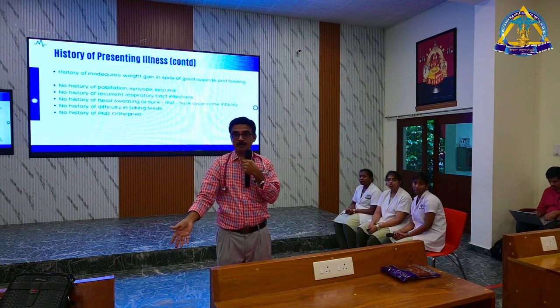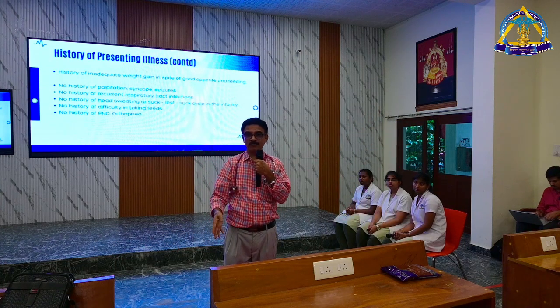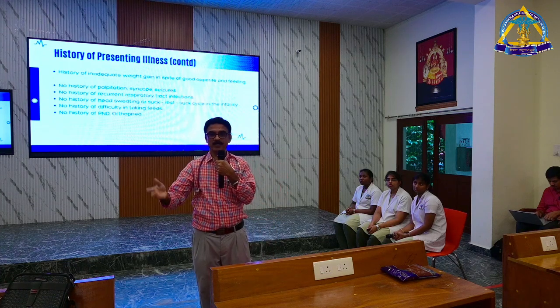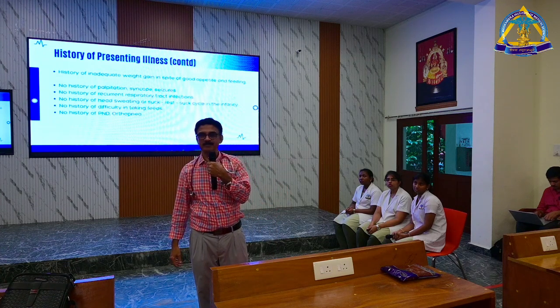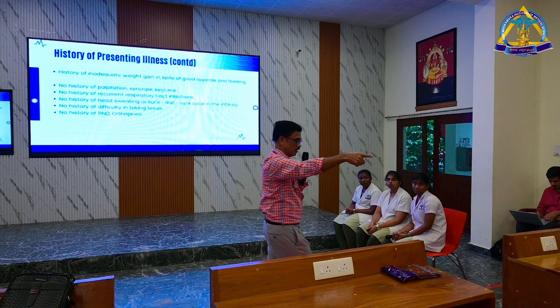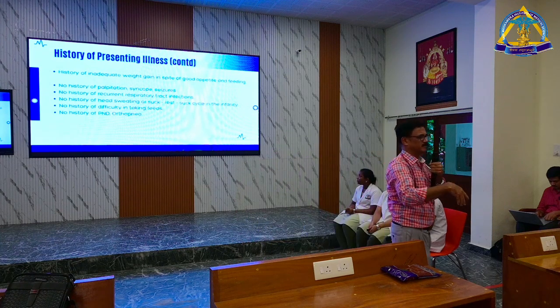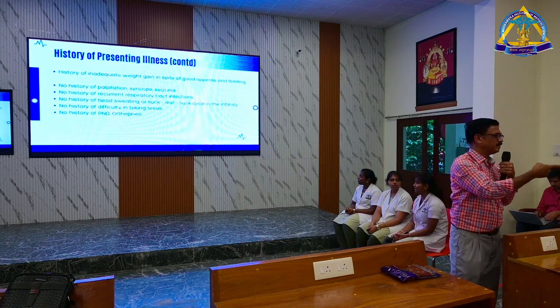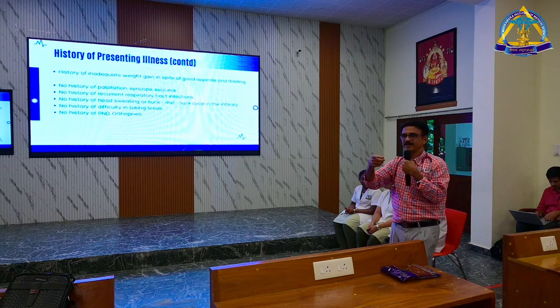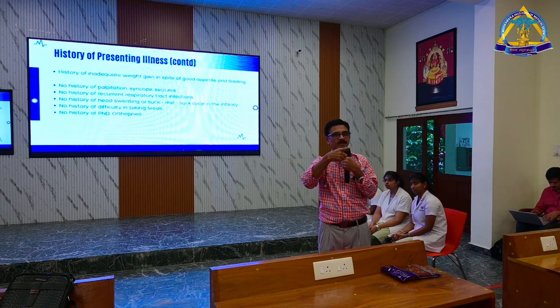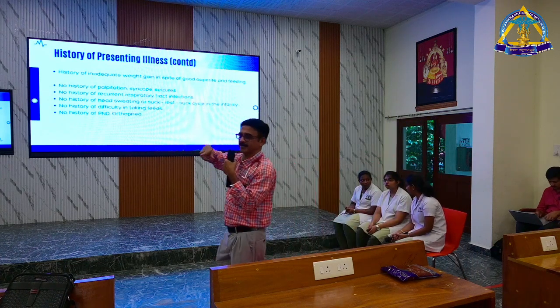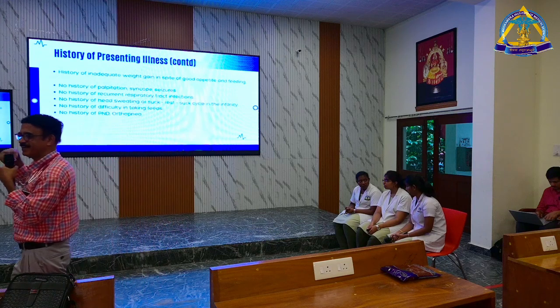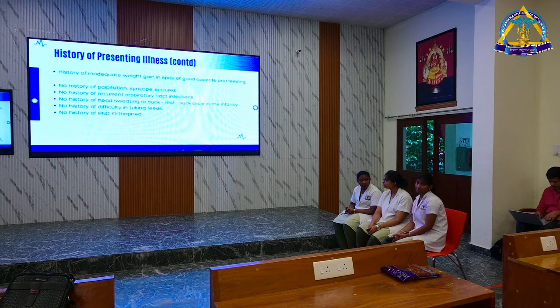Why? It is a decreased pulmonary blood flow. And the diagnosis is tetralogy, but he is having recurrent infections. Anemia is there. Anybody? Now PGs can answer. PGs, were they listening?